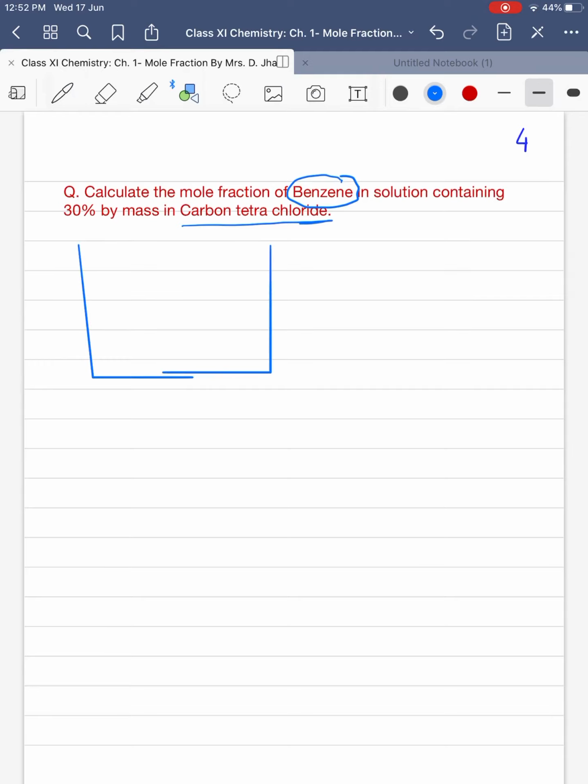So this is the beaker which contains two components, benzene and carbon tetrachloride.